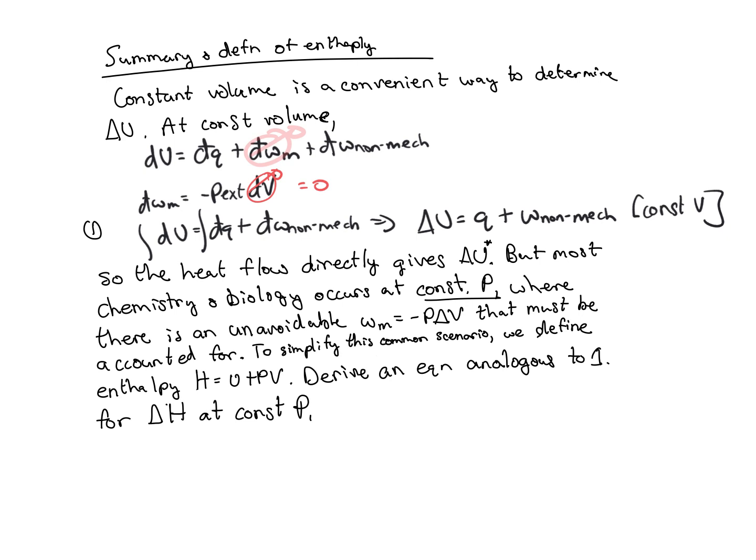H is equal to U plus PV. Now we're going to take the differential. So dH is dU plus, for PV, we need the product rule: PdV plus VdP.